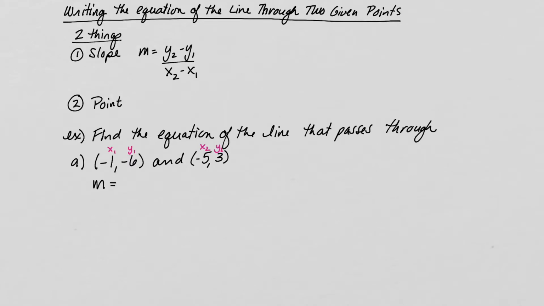So the slope is going to be 3 minus -6 divided by -5 minus -1. So 3 minus -6 would give us a +9. And -5 plus 1 would give us a -4. So our slope is going to be -9/4.